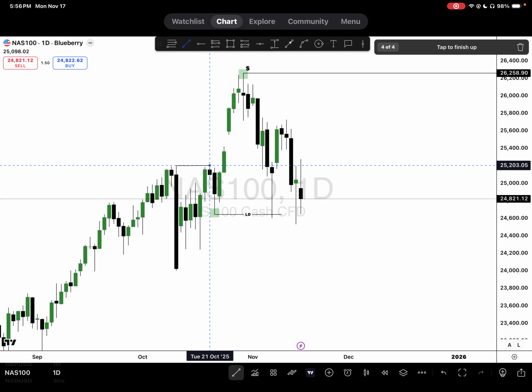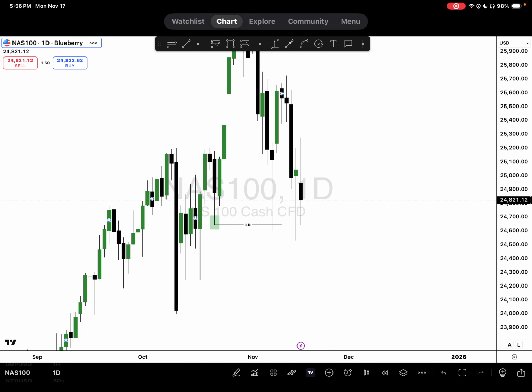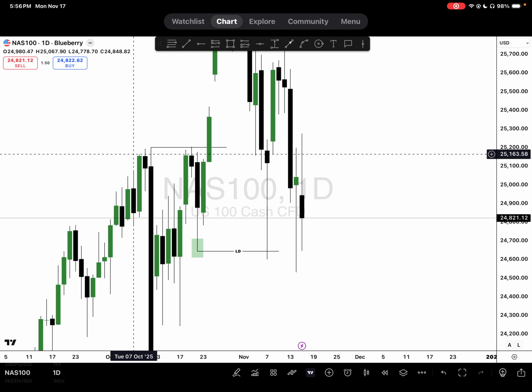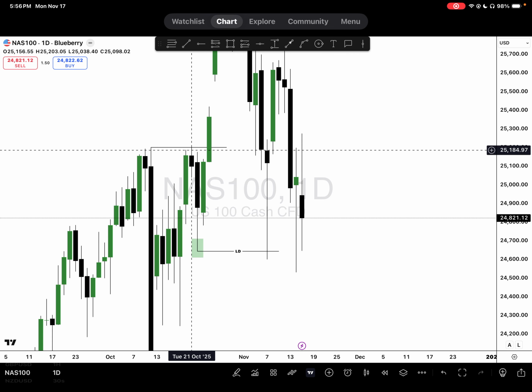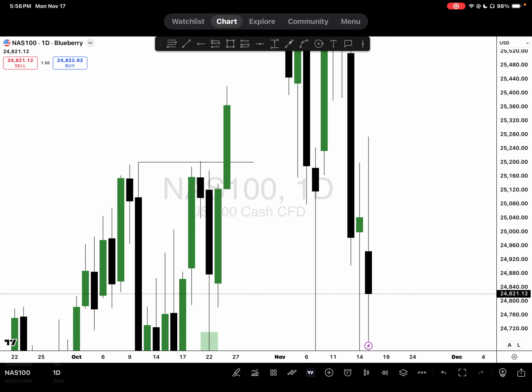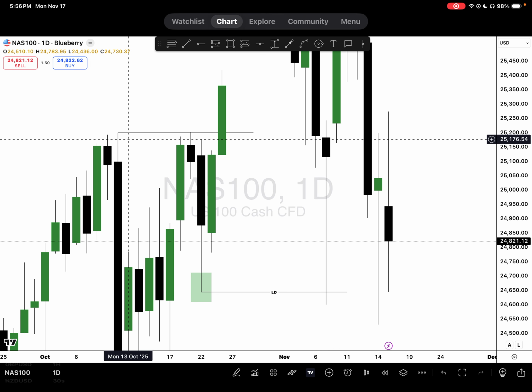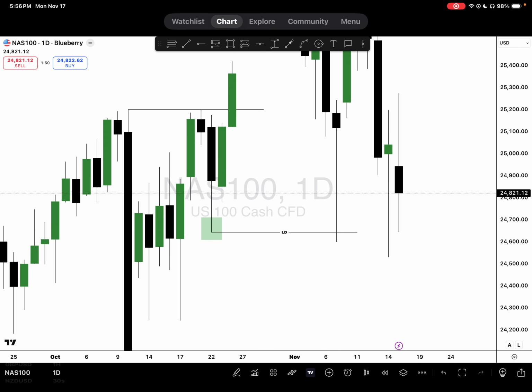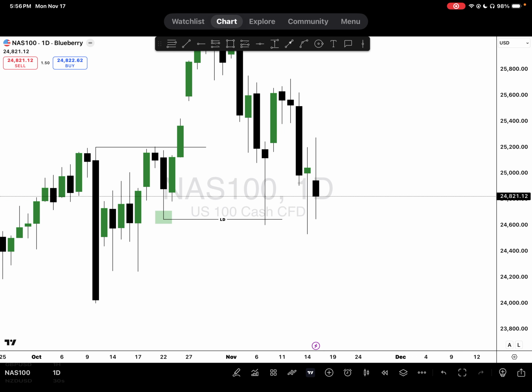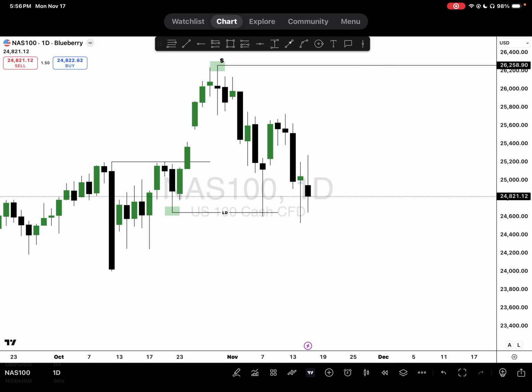So on the CFD chart here, what we actually ended up getting was, I guess, a liquidity draw of this previous high ever so slightly here. But on the futures chart, this never got broken. And so my structural point on the CFD chart is here, but on the futures chart, it's still this low here.